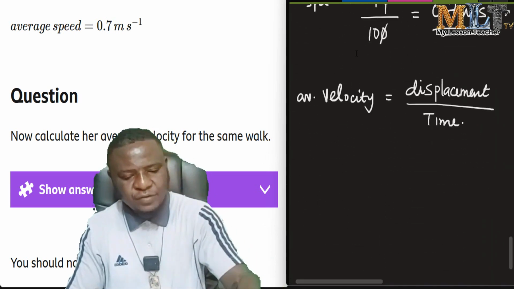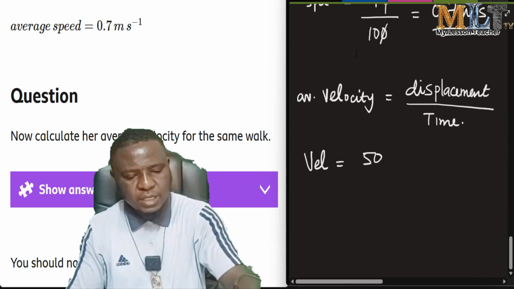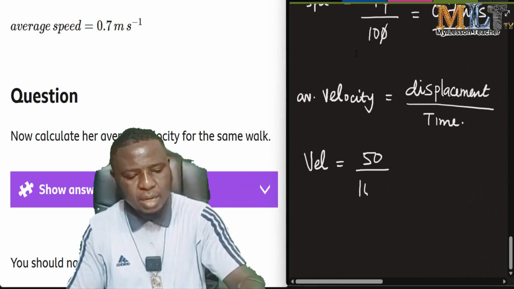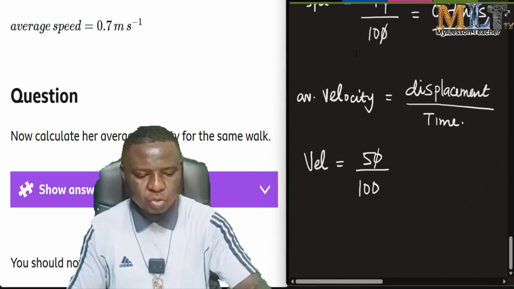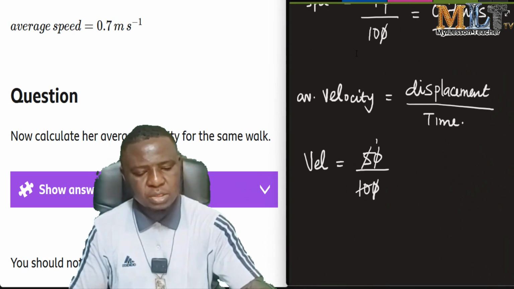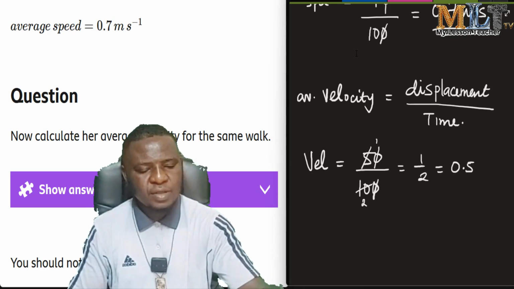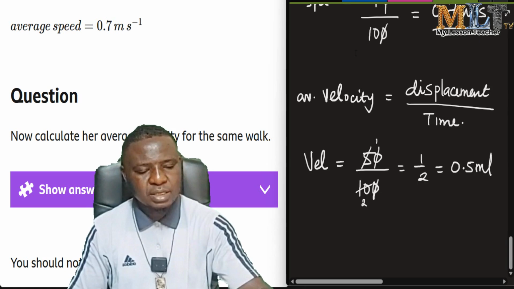So average velocity is equal to 50 divided by 100, which is the time. This cancels this, and this here is 1, this here is 2, so this is equal to 1 over 2, or 0.5 meters per second.